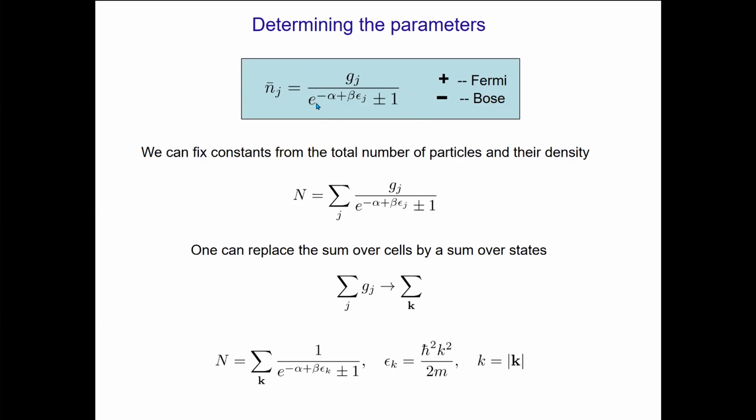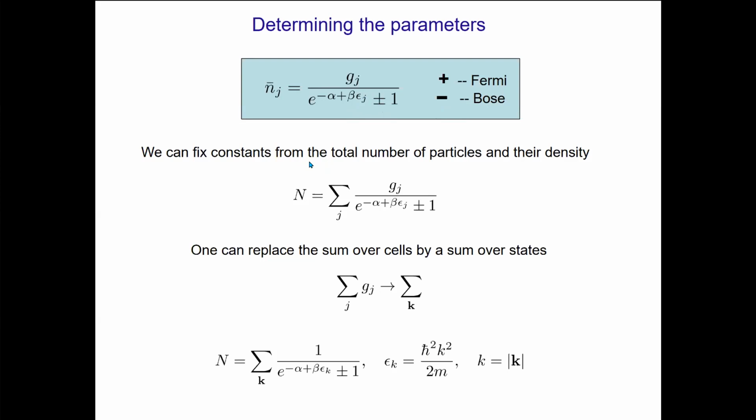The Fermi case, when occupation numbers can take only values 0 and 1, so on average we will have this expression with plus 1. And in the Bose case, the sign is minus. We still have these two constants, alpha and beta, which we are going to fix from some classical arguments.